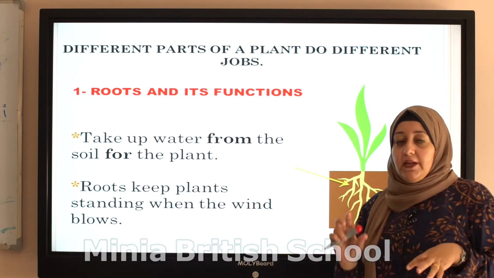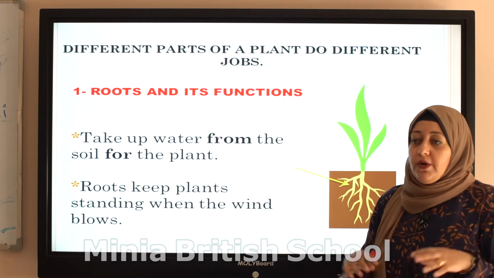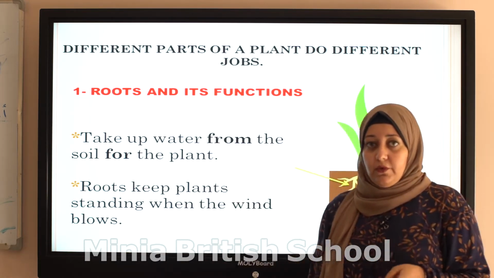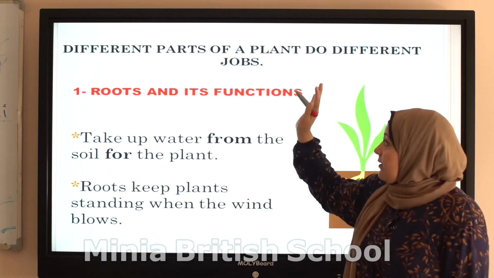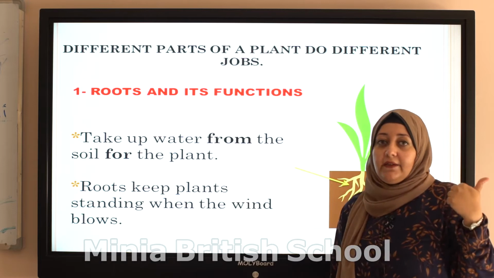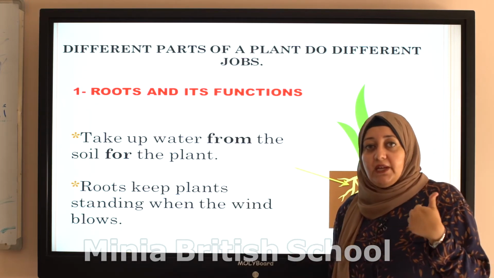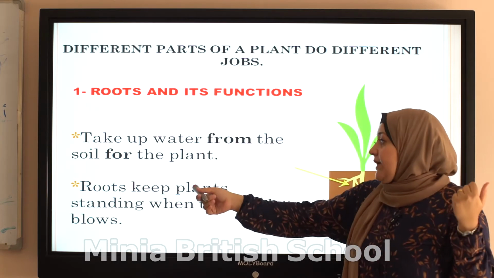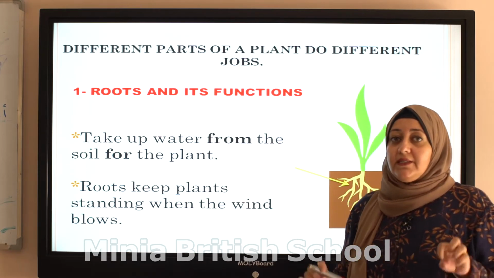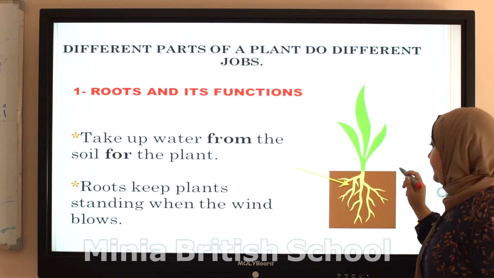The roots help the plant to stand in the soil, so the winds can't move it when they blow, okay? So the functions again of the roots: Number 1, it takes up the water from the soil to the other parts of the plant. Number 2, it keeps the plant fixed and standing in the soil.